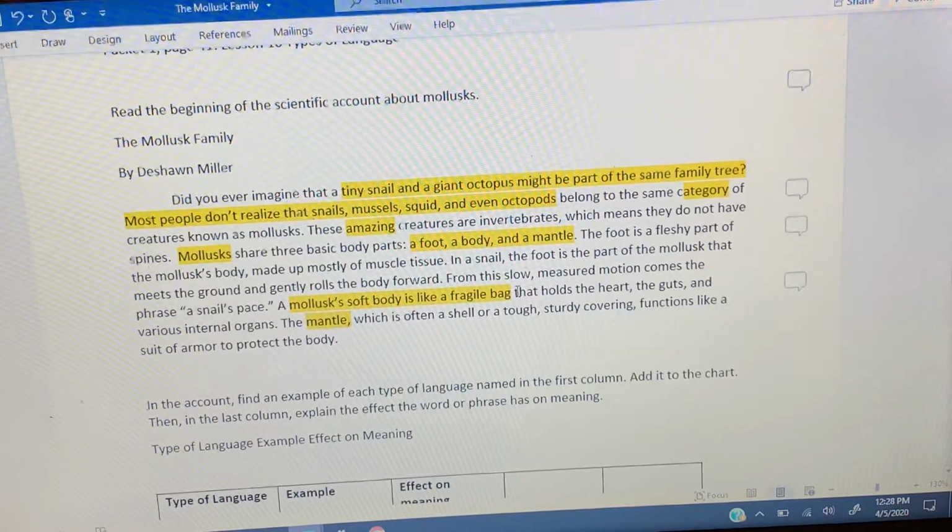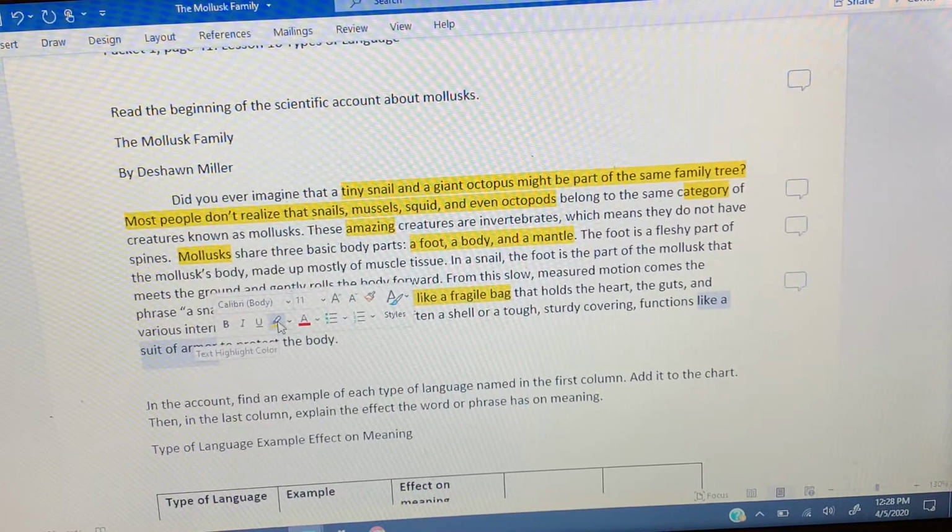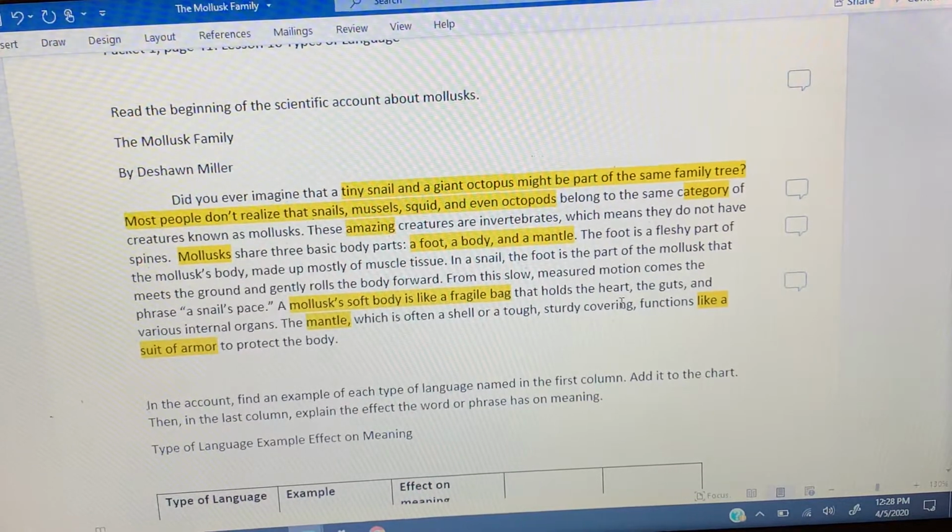And then here we get another example of figurative language, and this is even more figurative, right? So the mollusk's body is compared to a bag before, but here the mantle or the shell is said to be like a suit of armor. So again, we have a comparison to the shell. The shell is compared to a suit of armor. And because it doesn't just say that it is a suit of armor, it's not going to be a metaphor.